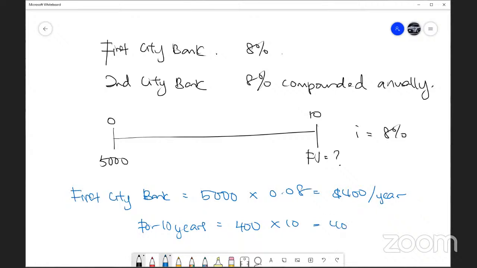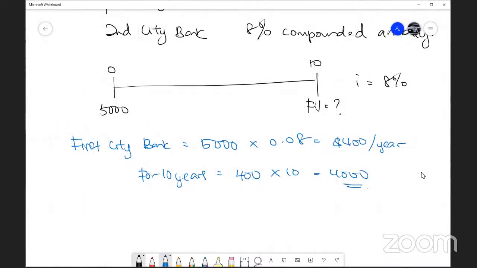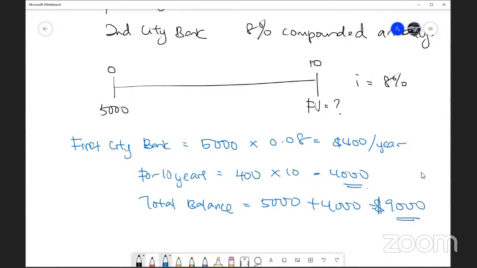So that's going to be $4,000. Okay. So in the end, because the question did not really ask you to count this, but then in the end, you know your total balance for First Citibank, including your initial investment, 5,000 untouched, the extra $4,000 interest, you get $9,000 in total.